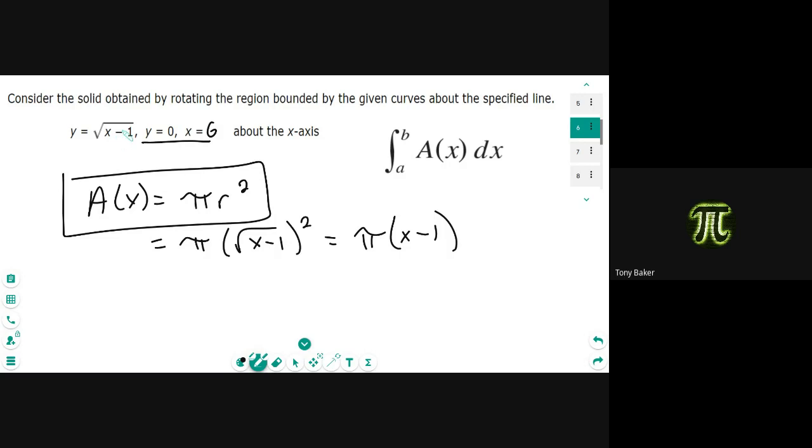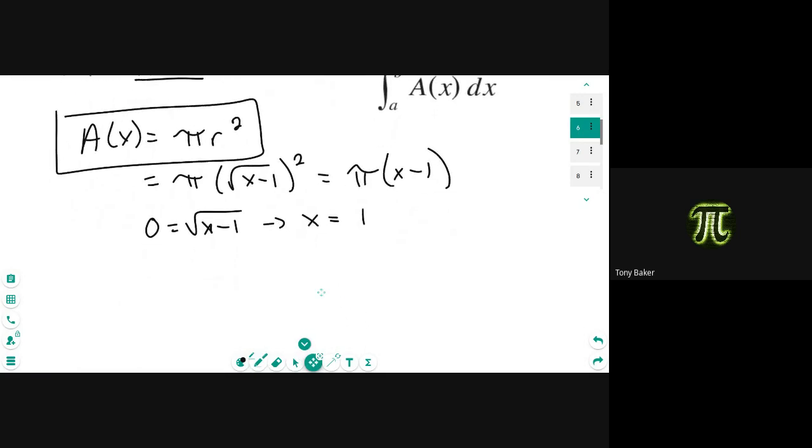For y equals 0, we have 0 equals the square root of x minus 1. That's x equals 1. So my integral is going to go from 1 to 6, and it's pi times x minus 1 dx.